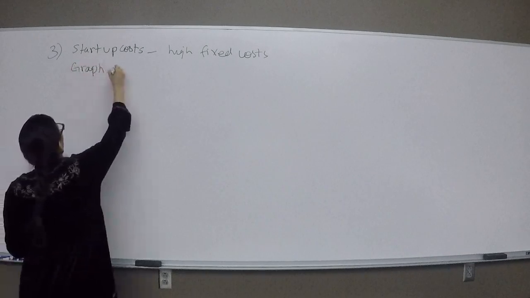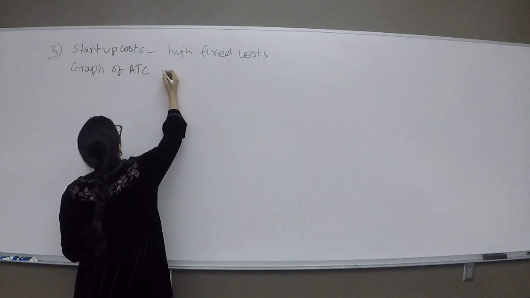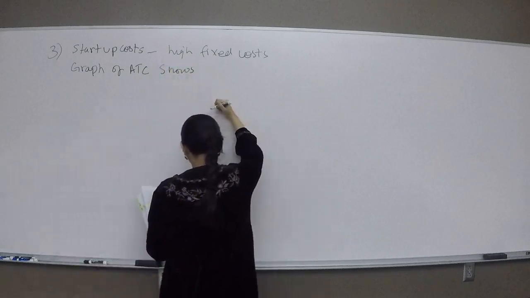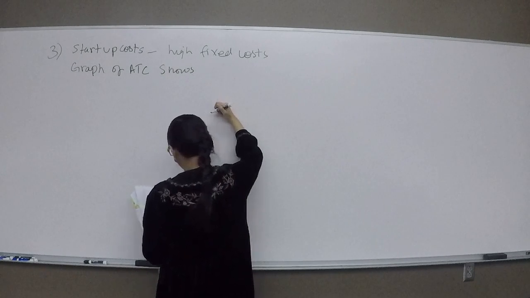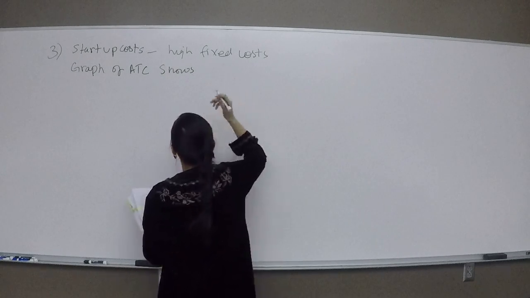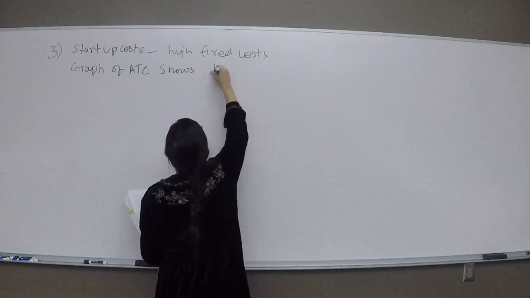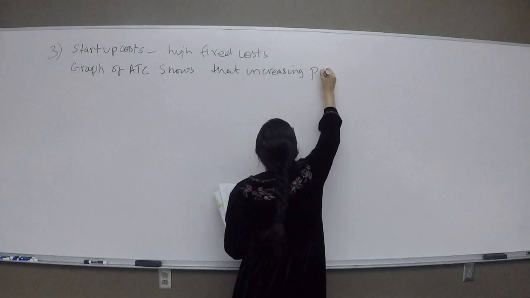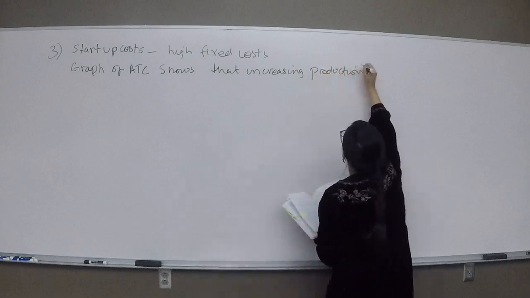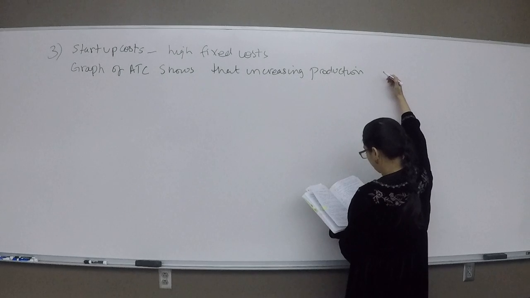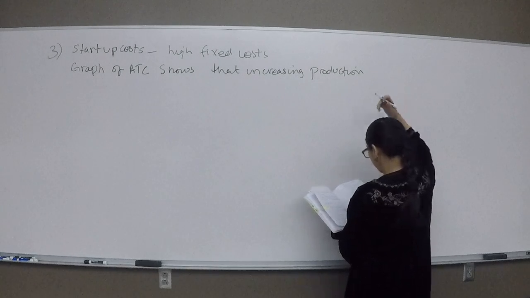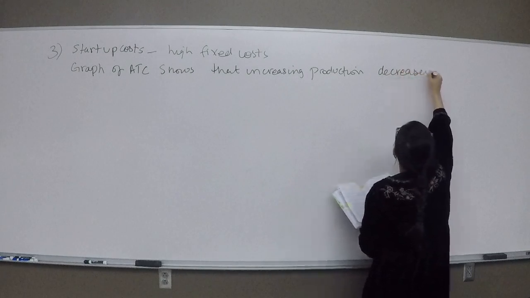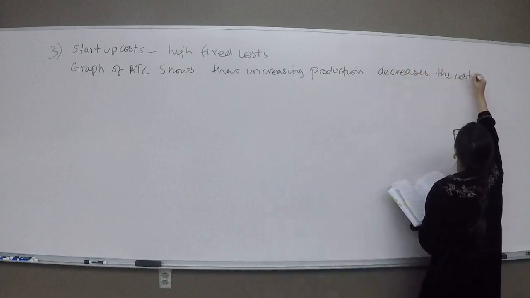Graph of average total cost shows that increasing production affects the long run. That graph of average total cost shows that increasing production decreases the cost.